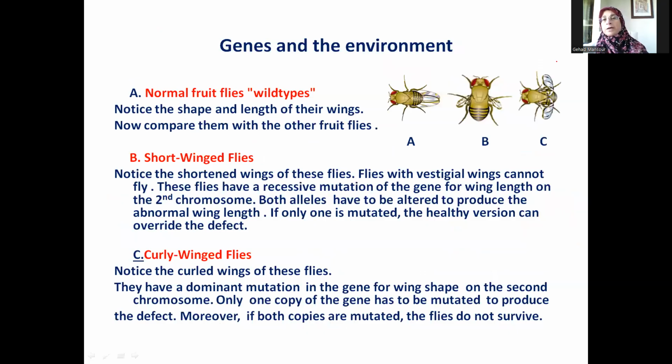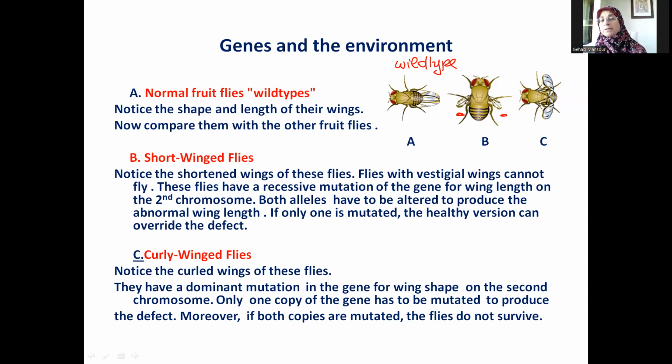Here we have three types of fruit flies. We have the fruit flies with the normal wings in letter A, normal fruit flies, and we call them the wild types. So when we say the wild type fruit fly, then we mean the ones that have the regular wings. And then here we have the homozygous recessive ones.